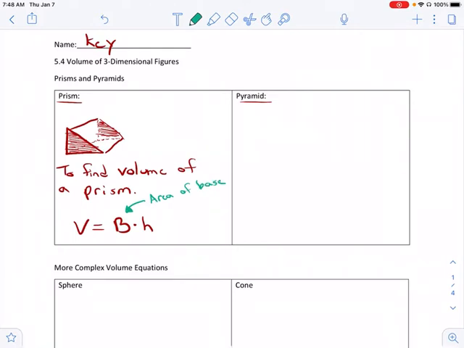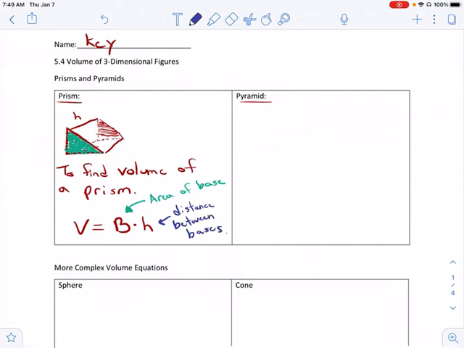This is a super generic formula, but the reason it's so broad is that it can be used if the base of your prism is a hexagon, a square, a triangle, a trapezoid, anything like that. Here, our bases on this particular shape are these triangles. So I would figure out the area of that triangle, and then I will need to be given the height of this object. The height of a prism is the distance between your bases.